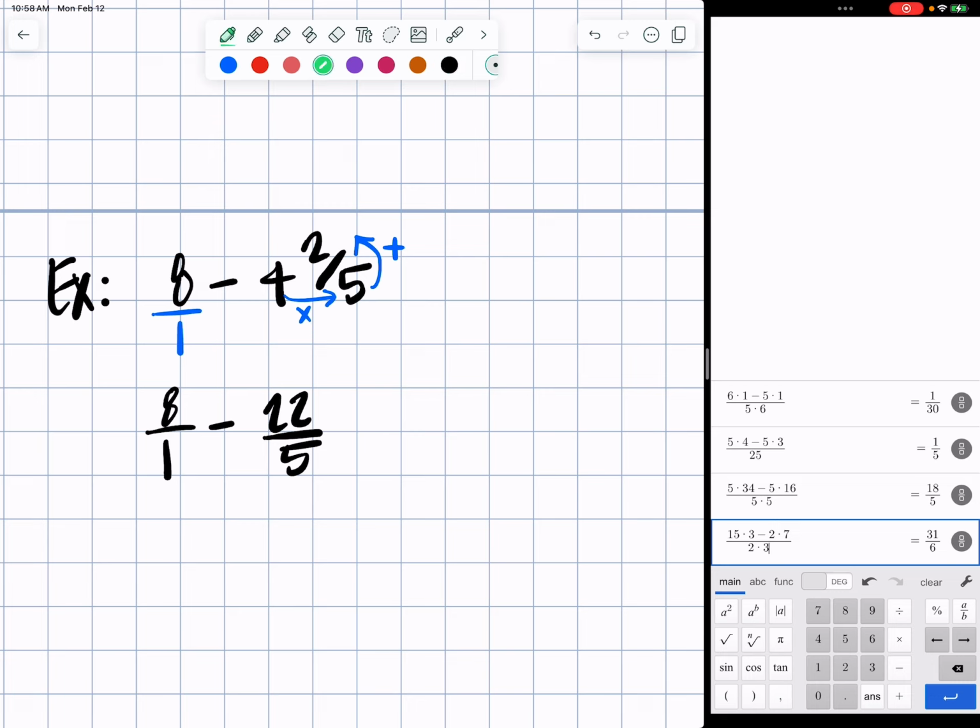Now I'm going to crisscross straight across. So 5 times 8. I'm going to bring down the minus sign. 1 times 22. And then 1 times 5.